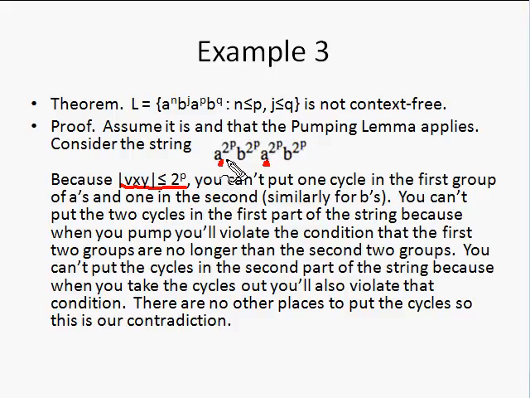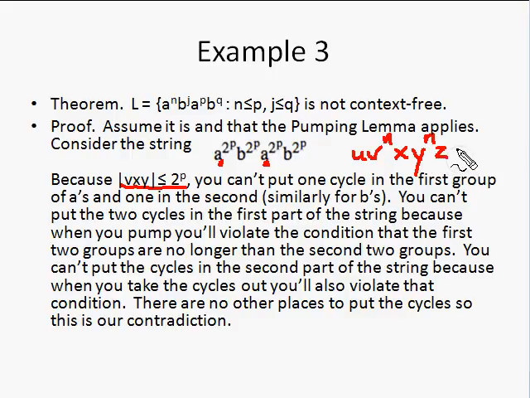So then you say, okay, so you can't do that, but why can't you do this? Why can't you put your cycles down here in this part of the string? Because if this gets bigger, that's no problem. Well, you then have to rely on the idea that when you said you were going to pump using N copies of V and Y, you remember that?